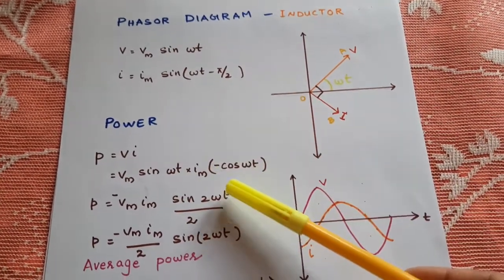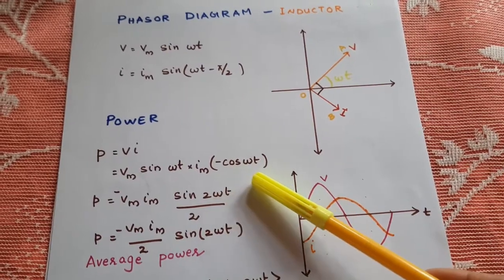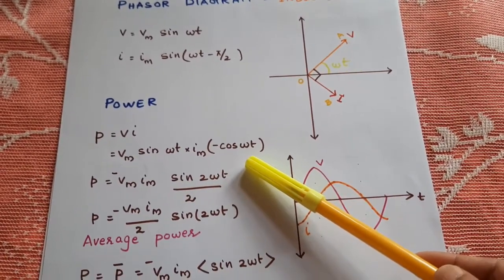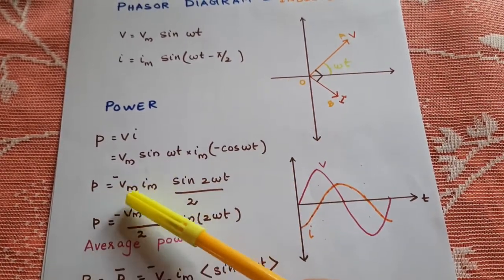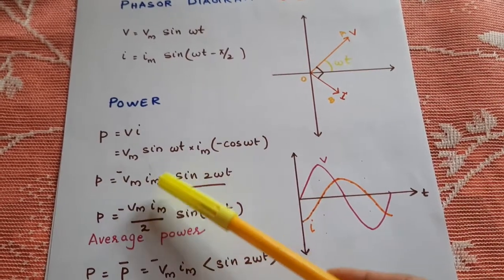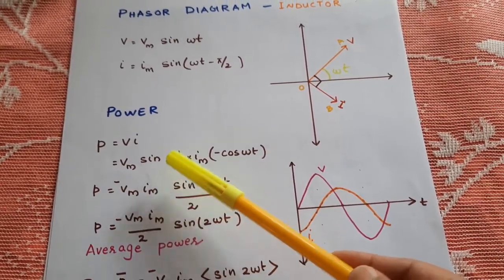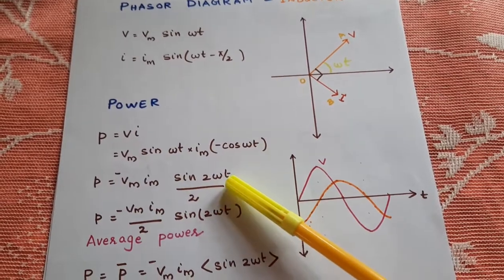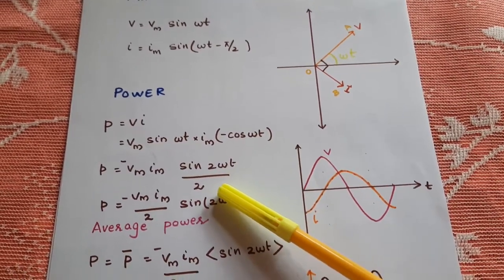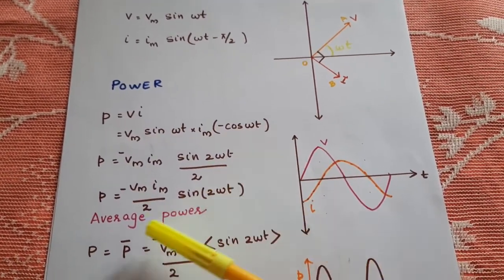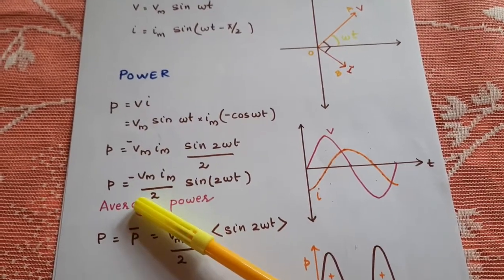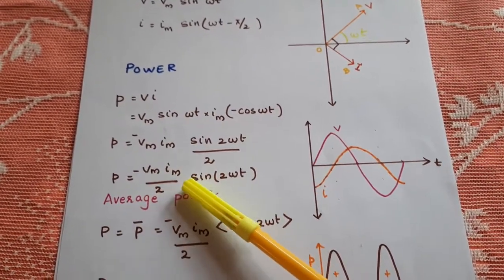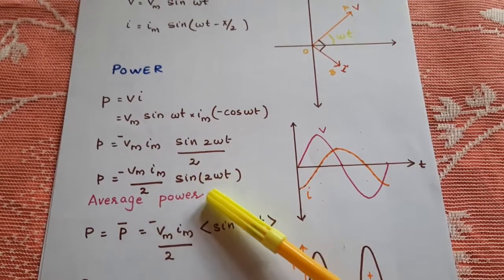That is Im minus cos omega t. So power is equal to minus Vm Im sin omega t cos omega t, which is sin 2 omega t by 2. So instantaneous power P is equal to minus Vm Im by 2 sin 2 omega t.